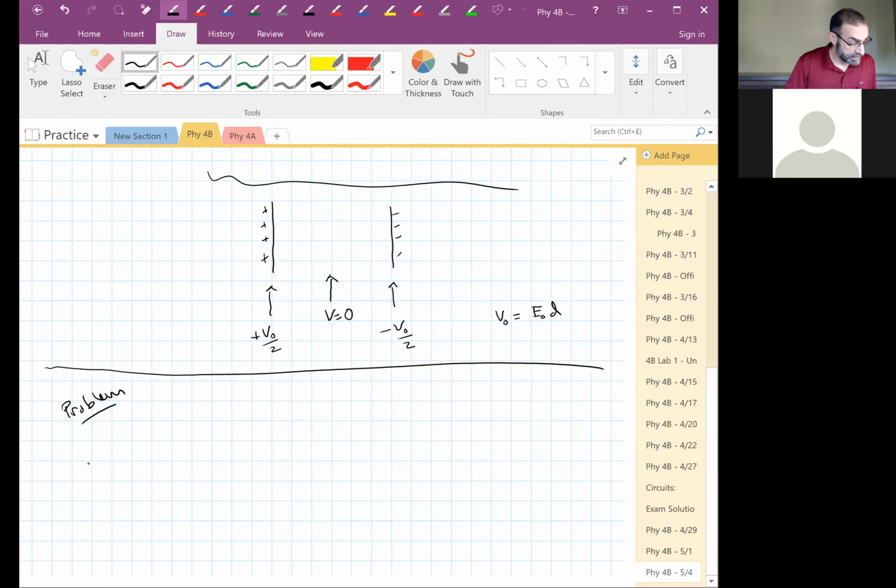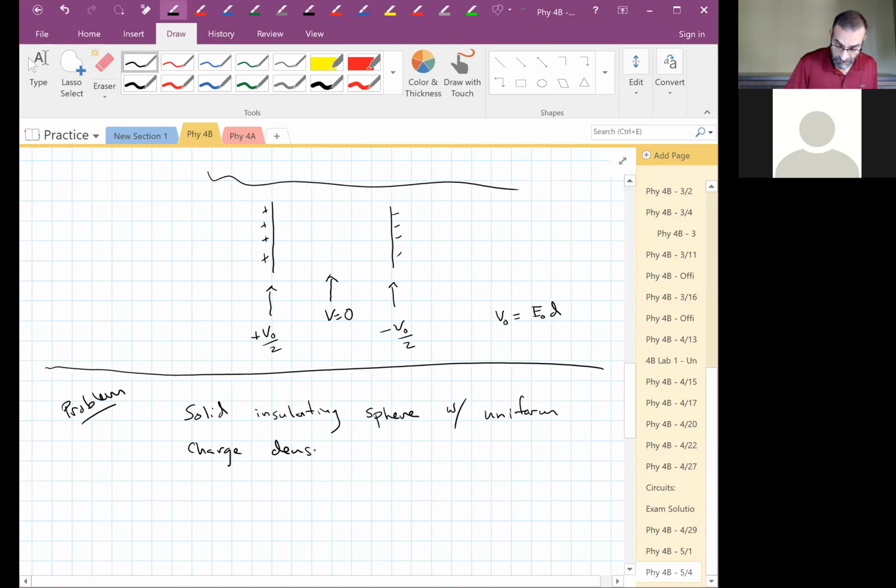Okay, so we've got a solid insulating sphere. Uniform charge density throughout its volume.